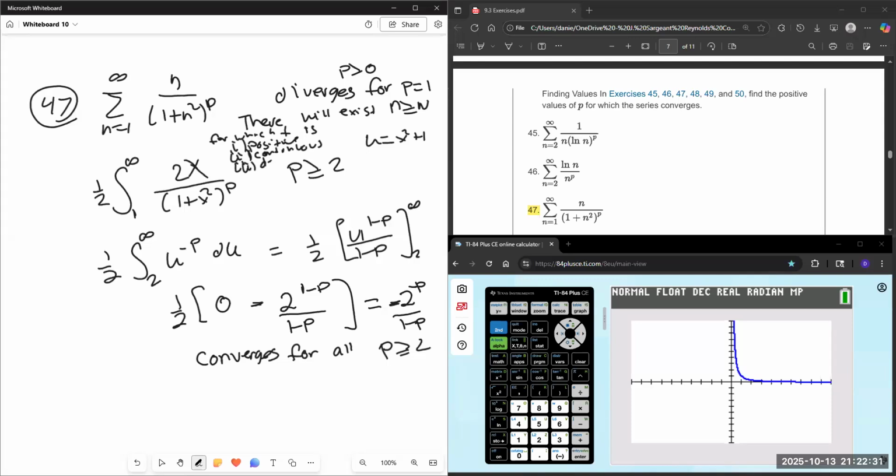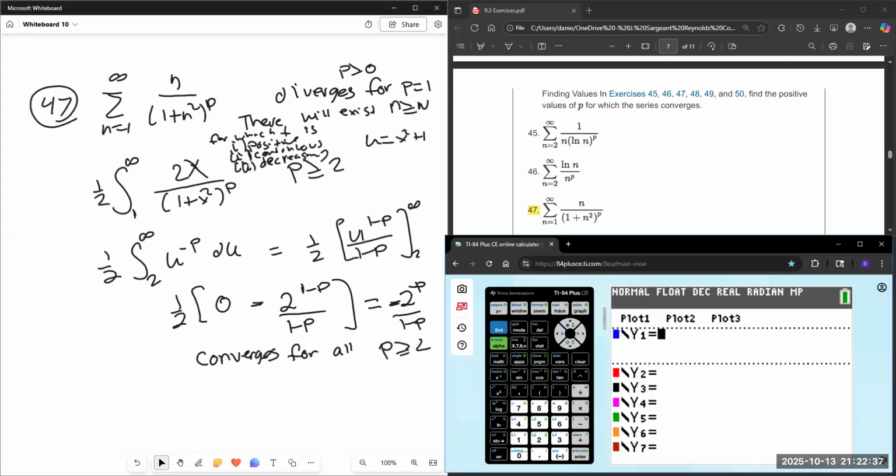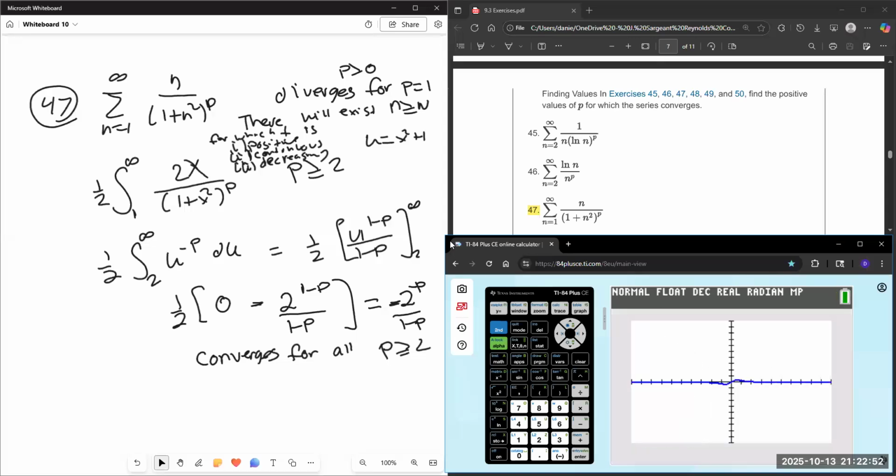So let me show you that if this is x over 1 plus x squared, then the graph of this is going to go up one time and then come back down, and it's right there.